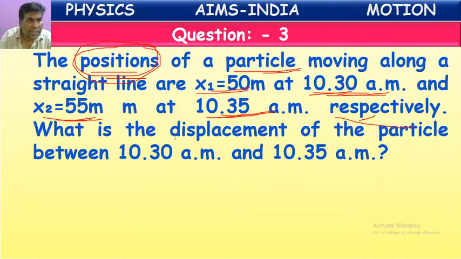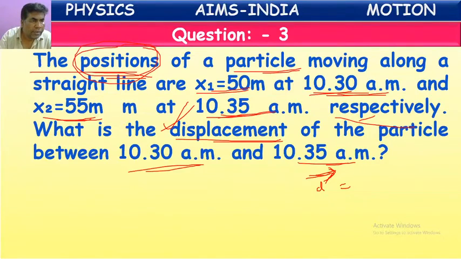So what is the displacement? What are they asking? Displacement means d bar. Why have we kept a bar here? Because displacement is a vector. It depends on direction. What is the displacement of the particle from 10:30 am to 10:35 am? What have they told? It is moving in a straight line.